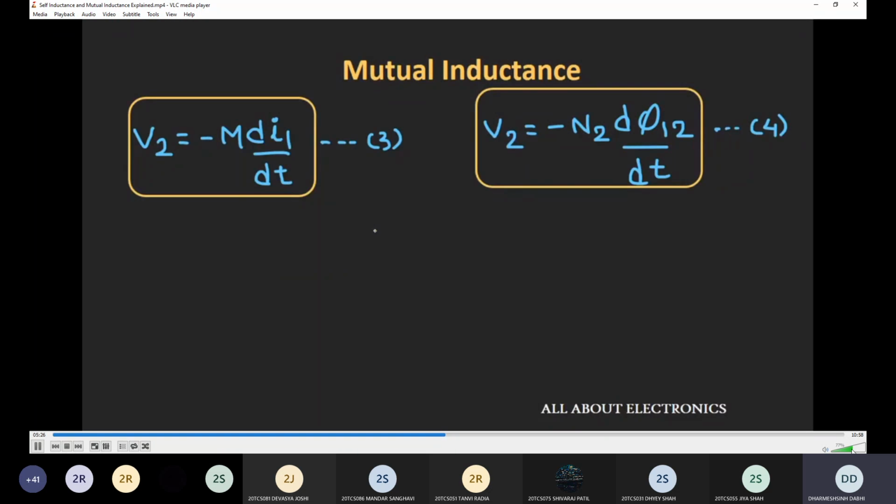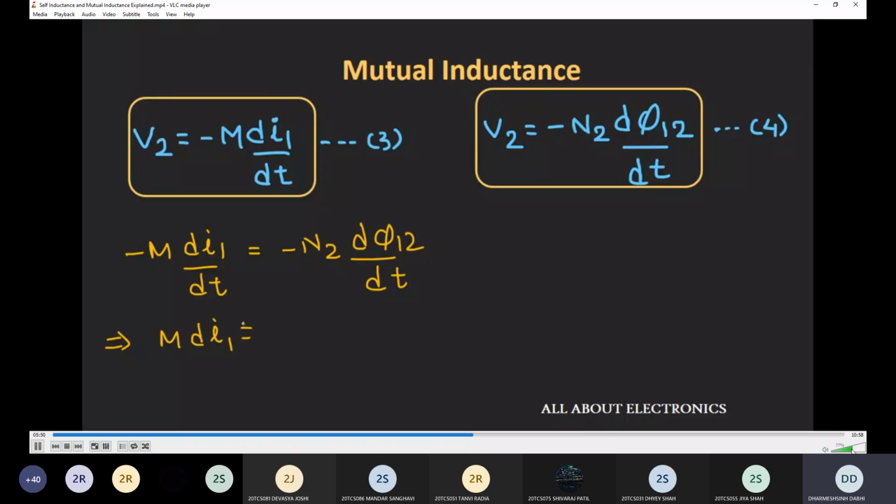So now here we have got two equations, 3 and 4. Now let's find the value of this mutual inductance in terms of the magnetic flux. So we can write minus M di1 by dt is equal to minus N2 dφ12 divided by dt, or we can write M into di1 is equal to N2 into dφ12.